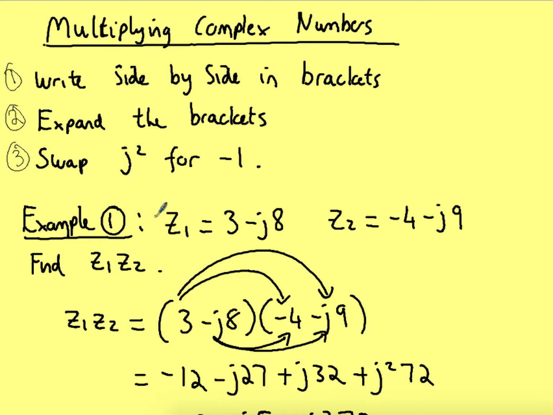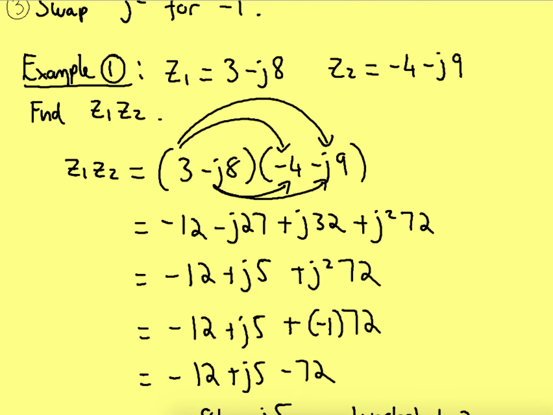So, example number 1. Z1 is 3 take away j8. Z2 is -4 take away j9. And what I want to do is Z1 multiplied by Z2. Because remember, if there's nothing between two things, it means we have to multiply them. So, step 1, you write the two complex numbers in brackets, side by side.